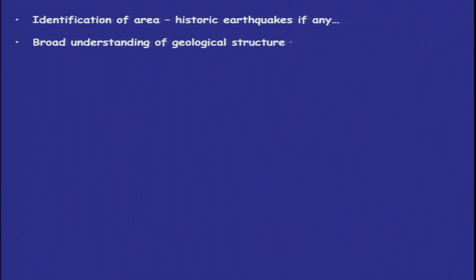We will also consider the global tectonics, what we have discussed about plate tectonics and all that. We will take that into consideration, and then we will look at the geological structure. So we are talking about the regional tectonics.